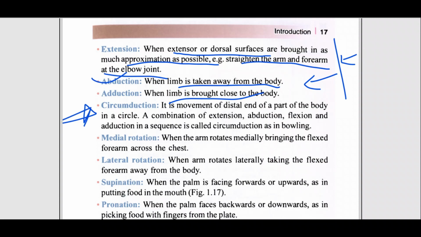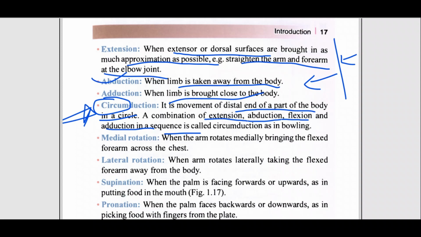Now circumduction, it comes in your MCQs. Circumduction is a movement of distal end of a part of the body in a circle. क्योंकि circum means in a circular action or move.